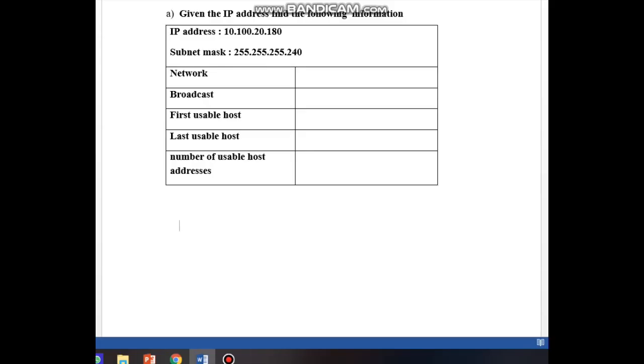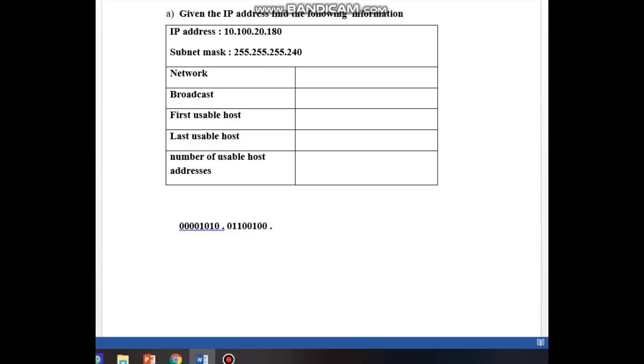So the binary for 10 in 8-bit binary number representation would be 00001010. Right? So the binary for 100 will be 01100100.